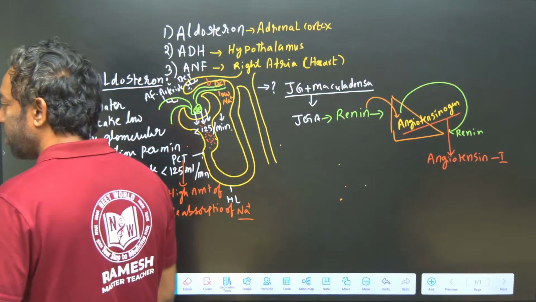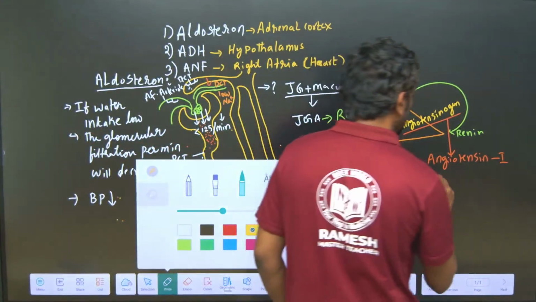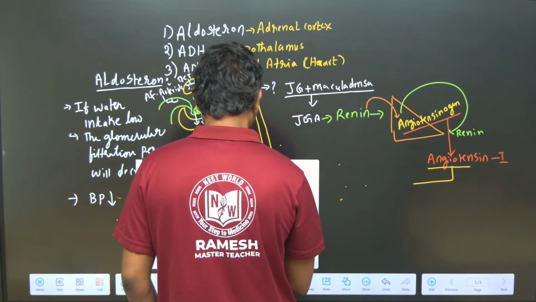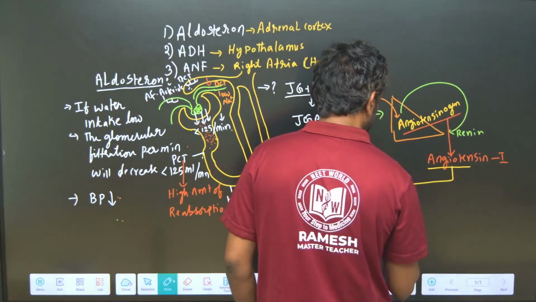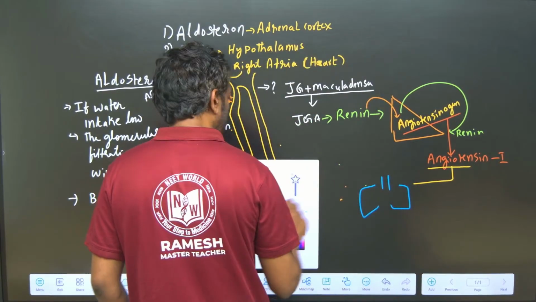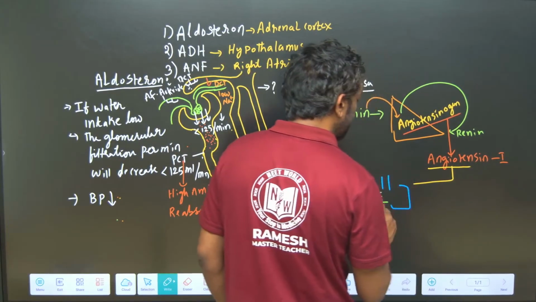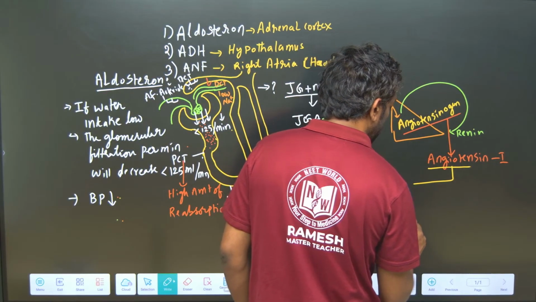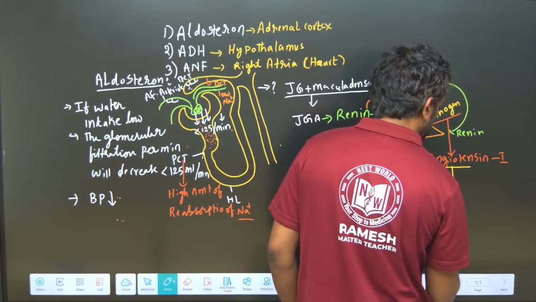This angiotensin enters the lungs. In the lungs there is an enzyme called ACE, angiotensin convertase enzyme.